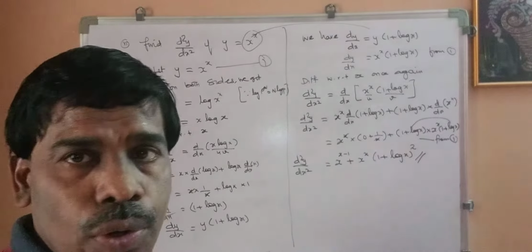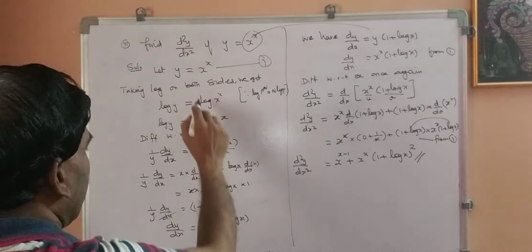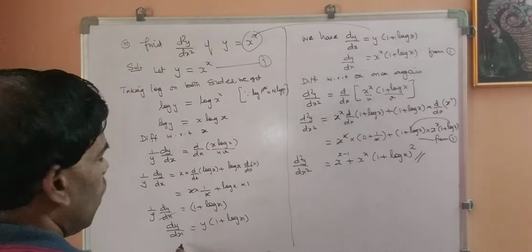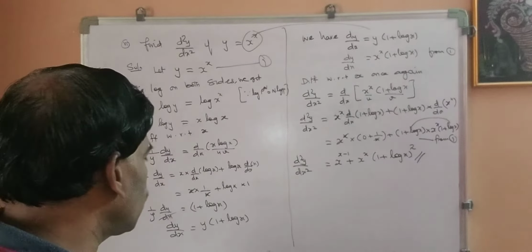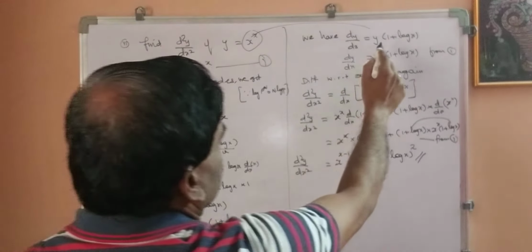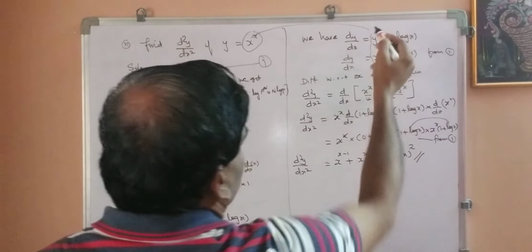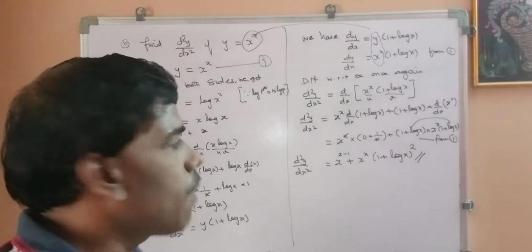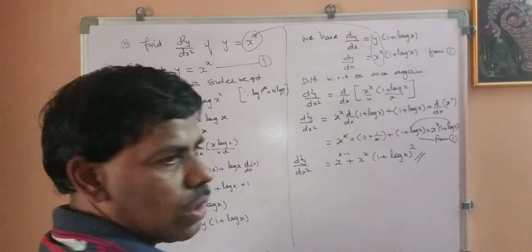I tell you how to do it. Listen very carefully. See, here there is no doubt: you have taken log on both the sides and finally we got dy by dx. What is dy by dx? y into 1 plus log x. But what is y? So we have resubstituted. This y is x raised to x. Now, when you are differentiating, we will get UV method.